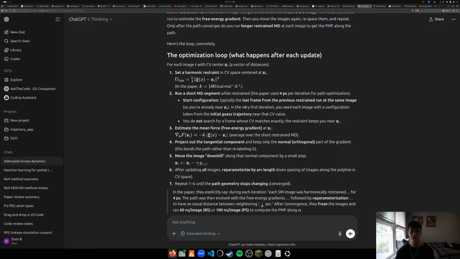You're already near Z. In this first iteration, you seed each image with a configuration taken from the initial guess geometry near that CV.